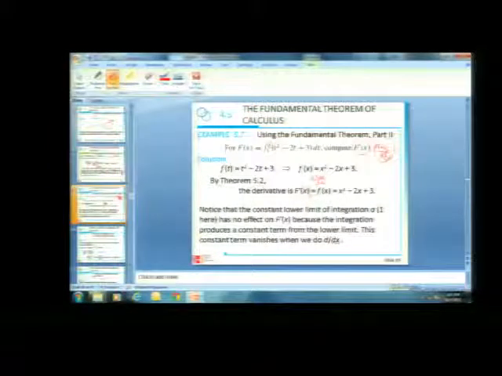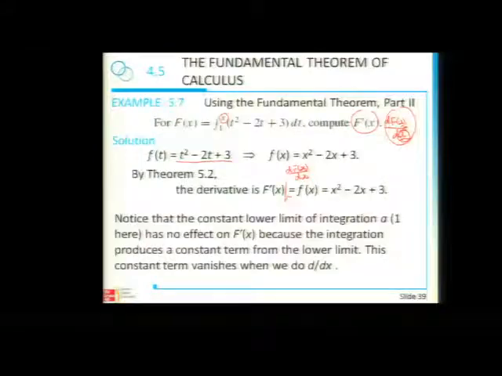So just replace t by x. You get x squared minus 2x plus 3. So that will be the answer. We don't have to do any work. This is the differentiation of this integral already.